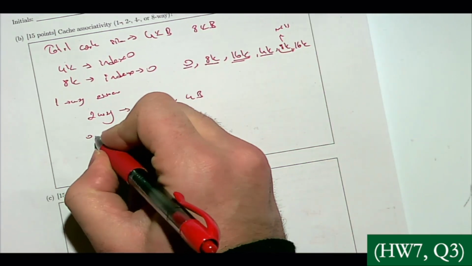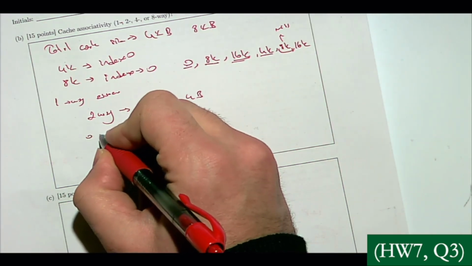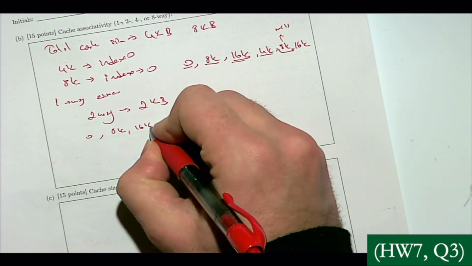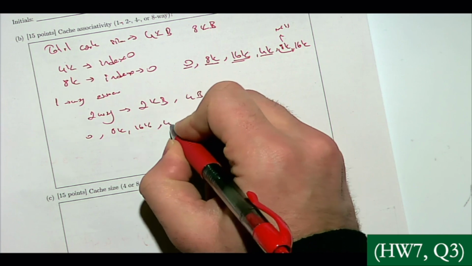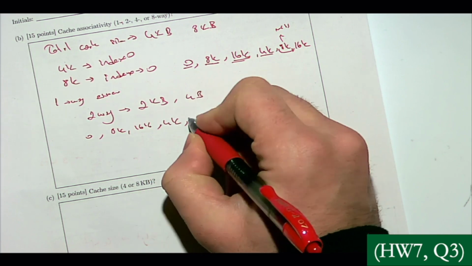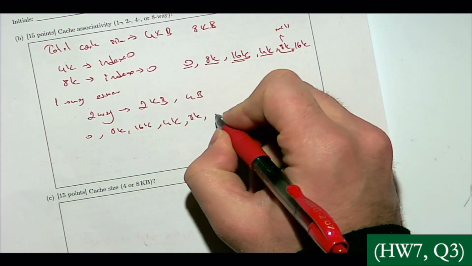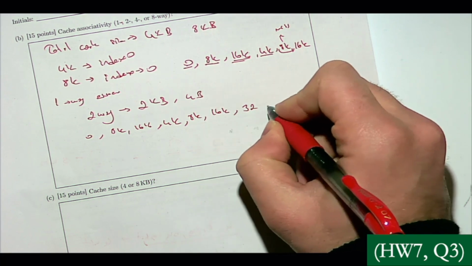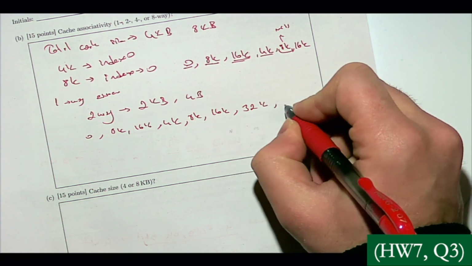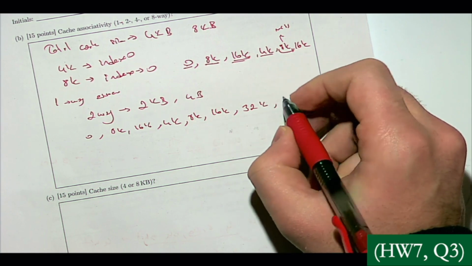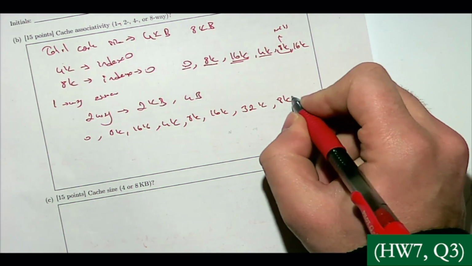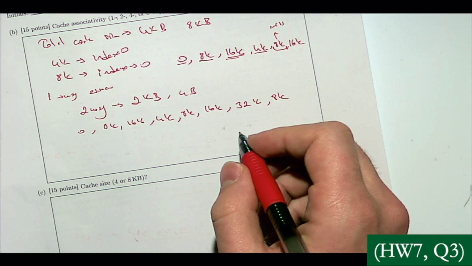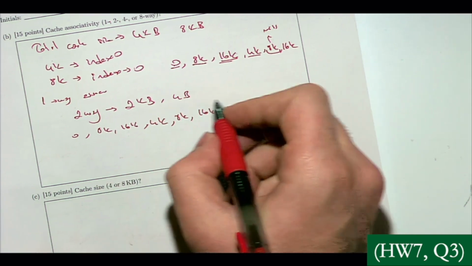So the multiples are the same: 0, 8K, 16K, 4K, 8K, 16K, 32K, and 8K, I guess. Yeah.